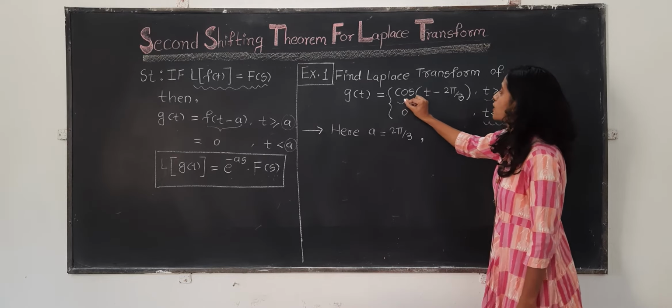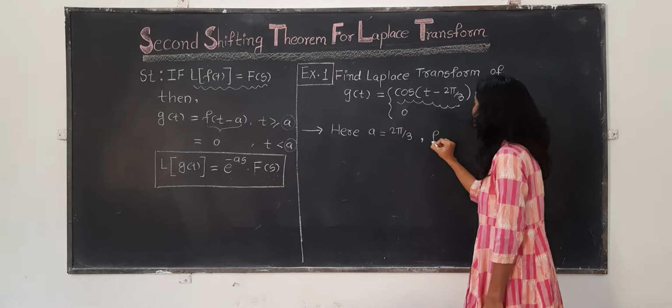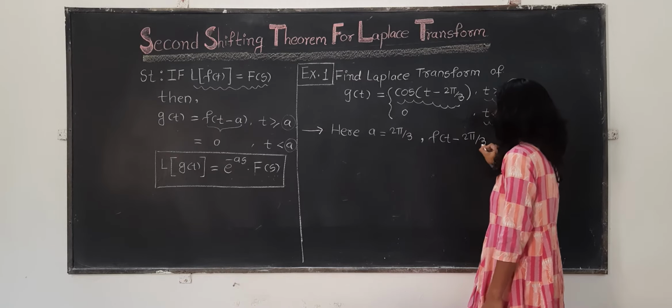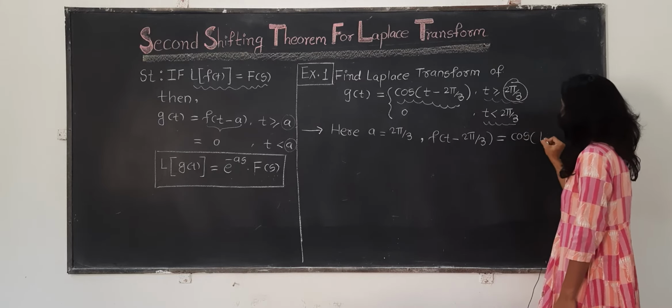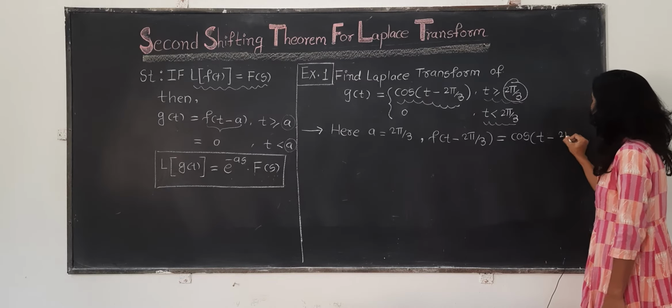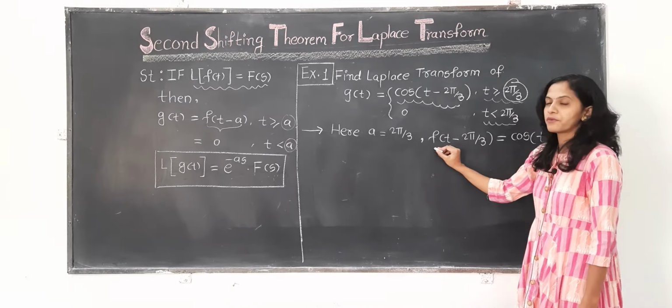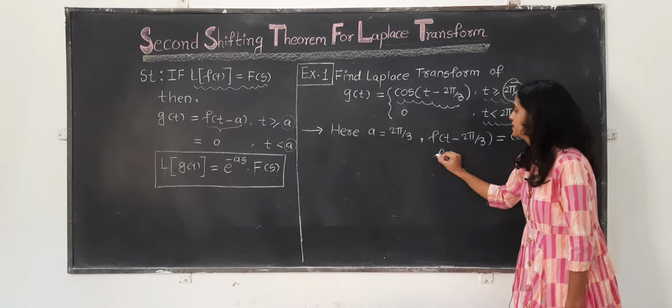And what is this? Cos of t minus 2 pi by 3. So this is the value of f(t minus 2 pi by 3). So what is f(t minus 2 pi by 3) here? That is cos(t minus 2 pi by 3). Using this f(t minus 2 pi by 3), can we write f(t)? Yes.